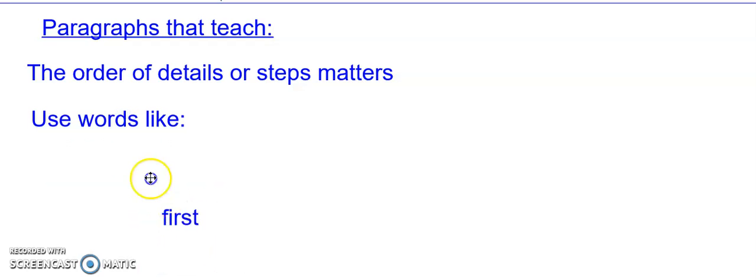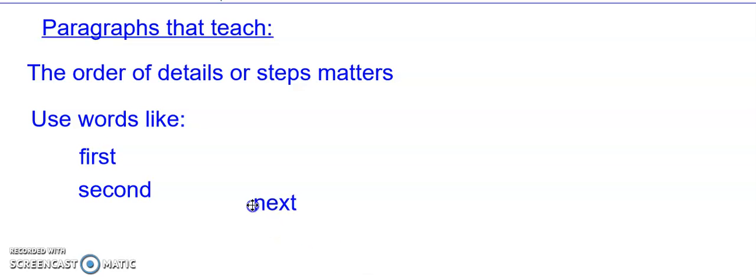And then finally, there's paragraphs that teach. And when you write these paragraphs, the order of the details or steps matters. So you should use transition words. Use words like first and second, but you can also use non-numerical terms or adverbs like next, then, or now, when you're doing a step.